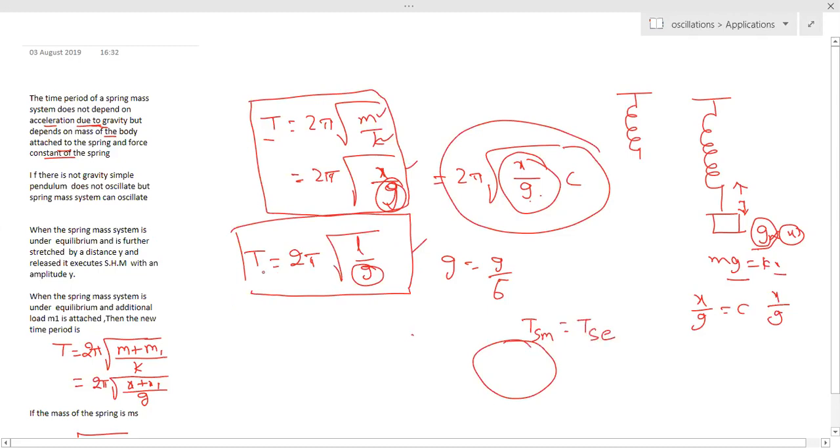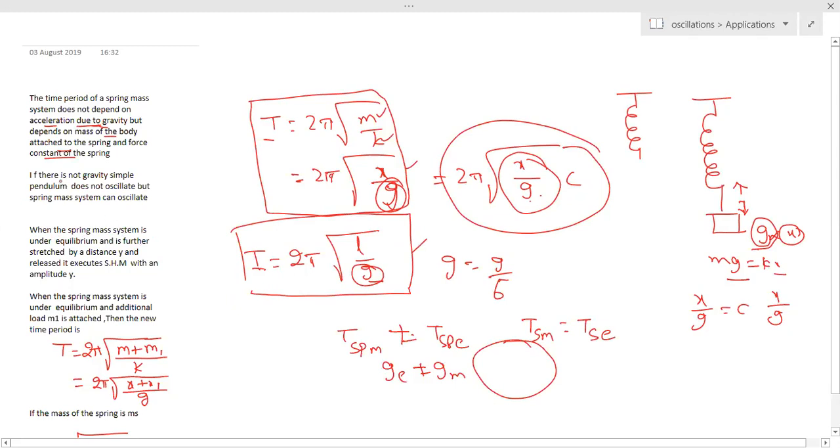But in the case of the simple pendulum, since time period depends upon g, we can conclude that the time period of the simple pendulum on the moon will not be equal to that on Earth. The reason is, the value of g on Earth is not equal to the value of g on the moon. Since T depends upon g, the time period will change.